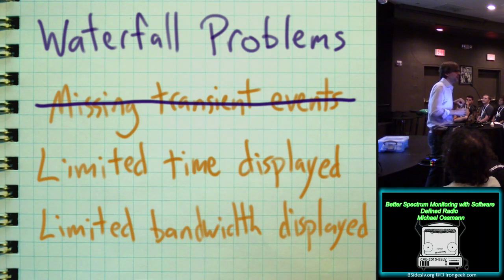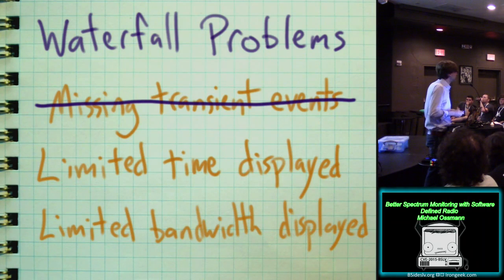And GRPhosphor is a very similar display to something you might have seen before on real-time spectrum analyzers. If you've ever bought a spectrum analyzer, a piece of RF test equipment, first of all, you probably spent a lot of money, and second of all, you probably bought a traditional or swept spectrum analyzer, unless you really spent a lot of money and got a real-time analyzer.